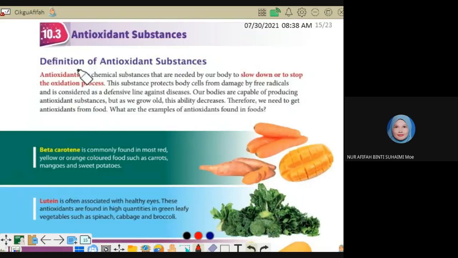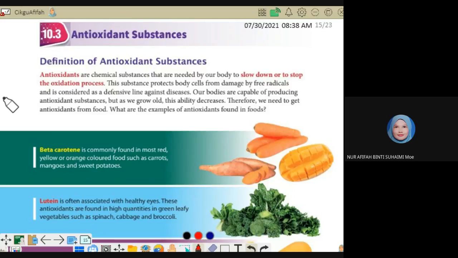Okay, now 10.3. 10.2 settle the meaning of free radical, the factors that cause free radical to be produced, internal and external. Okay, now 10.3 antioxidant substance. This one to prevent the free radicals from occur lah. So we need antioxidant substance. What is the meaning of antioxidant?